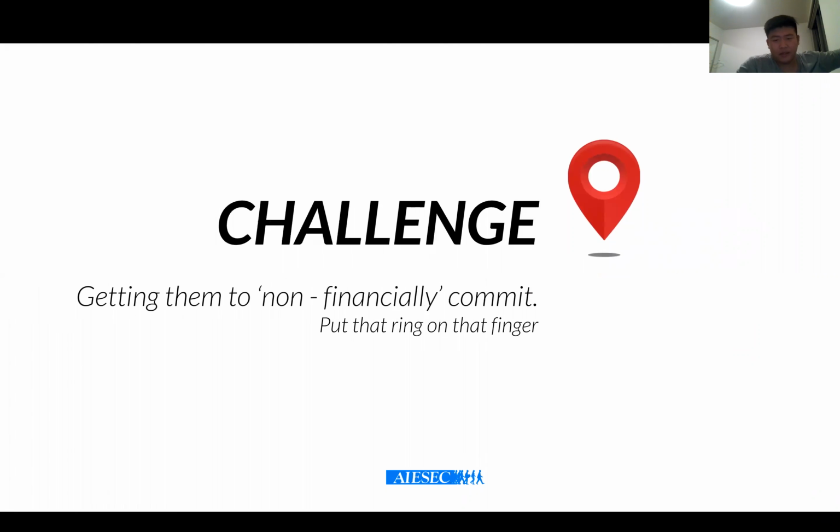The way I see it, that means ensuring that they are interested enough to actually apply and are invested in seeing what Isaac can offer them and want to move forward with that. So put that ring on that finger, make sure they want to commit and move forward with Isaac. That's the challenge that objection handling tries to handle, and we're going through that today.